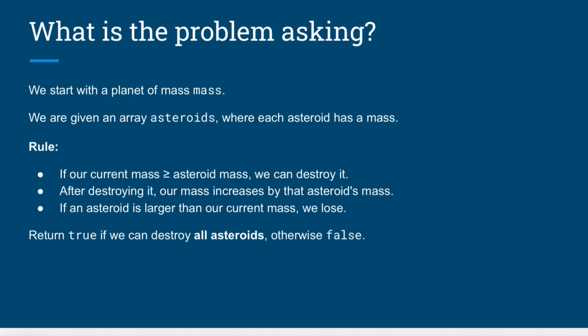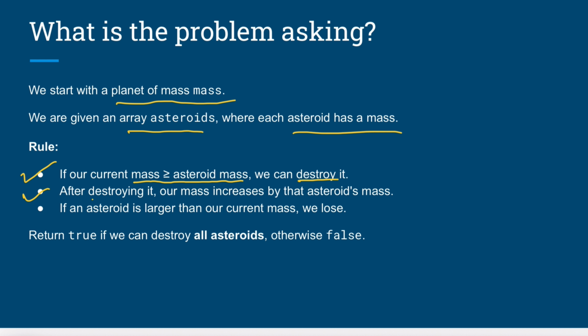What is the problem asking, guys? The very first thing the question says is that we can start with the planet of the given mass, and we are given an array of asteroids where each asteroid has a mass. The rule says that if our current mass is greater than or equal to the asteroid mass, we can destroy it.